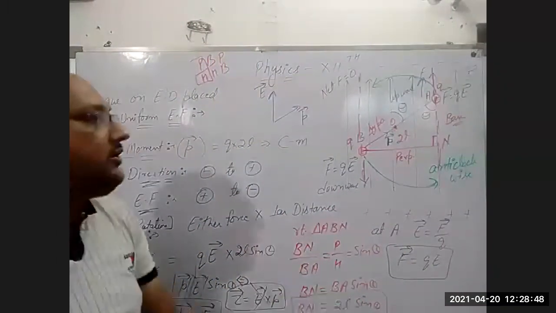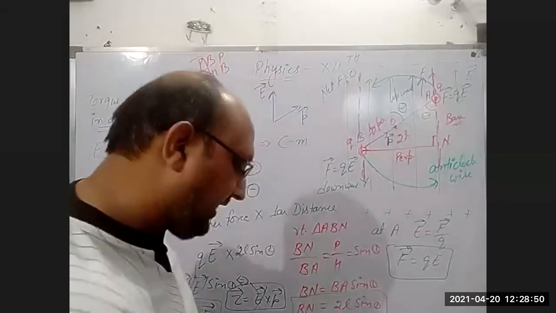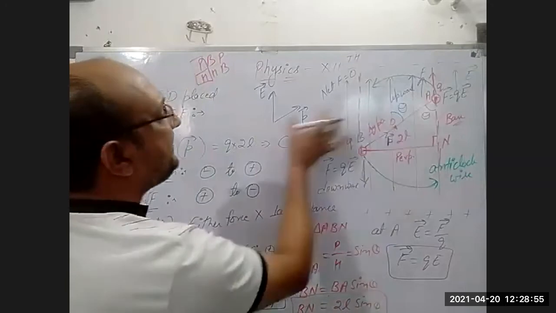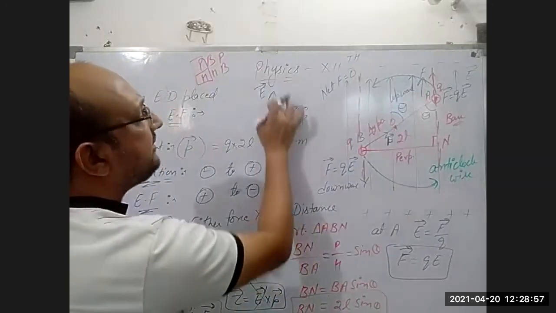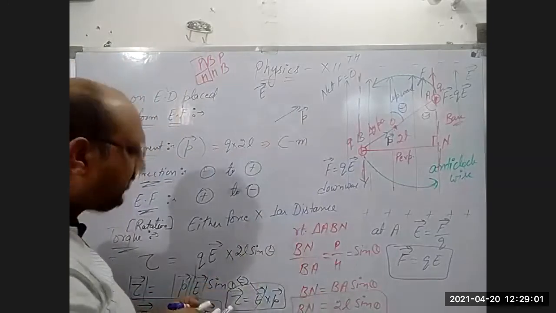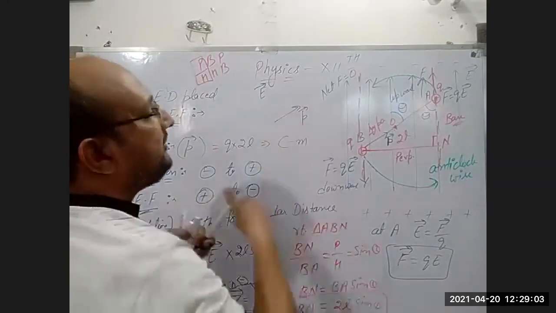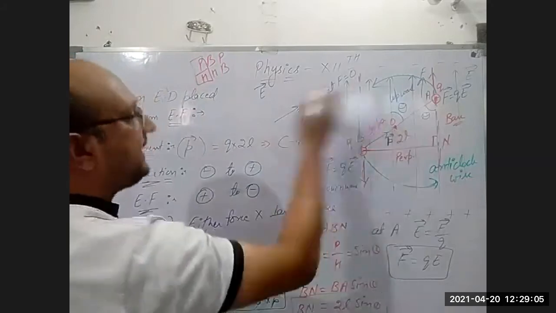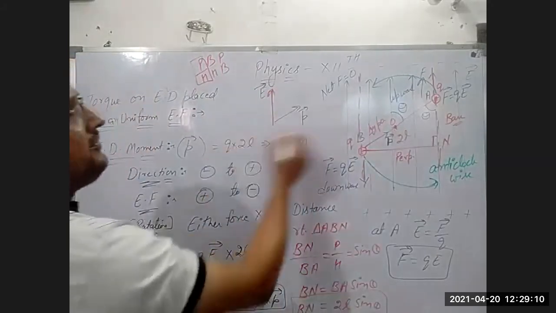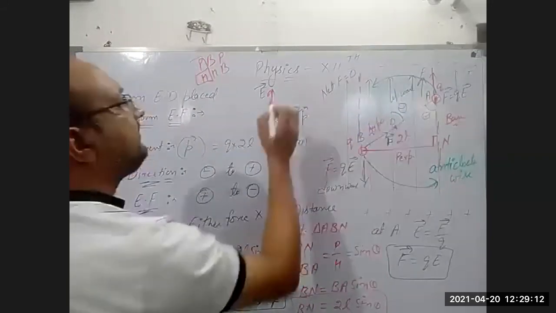Okay. Now let us see here. Let us solve this by taking this diagram. You know this very well. Here this shows the electric field and this one shows the dipole moment, meaning the electric dipole direction. From this diagram, this is the angle between them.